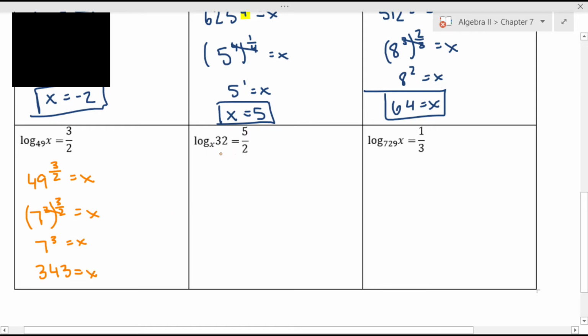All right. Ooh, this one looks a little different. x to the power of 5/2 is equal to 32. Oh, this one is tricky. How can I get rid of this power of 5/2? I can raise it to a power of 2/5. It's the reciprocal, so that cancels and I just get x. But I also have to raise this to the power of 2/5. So now I'm reducing 32.